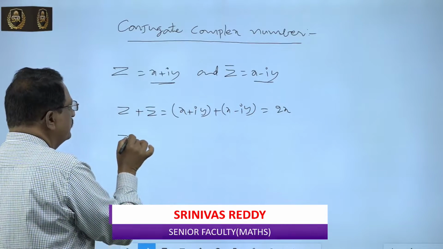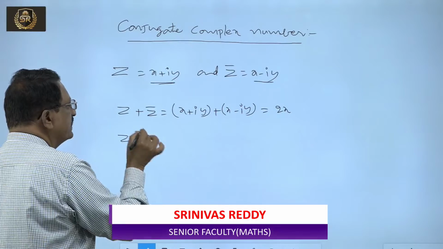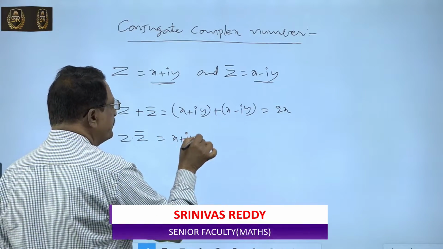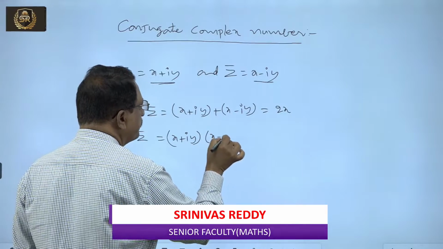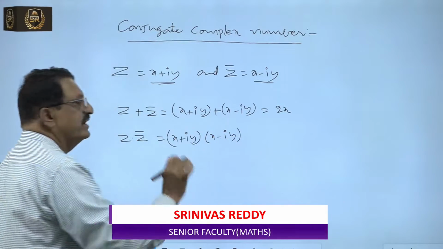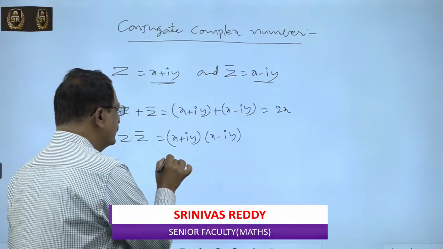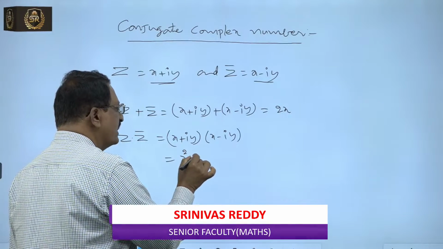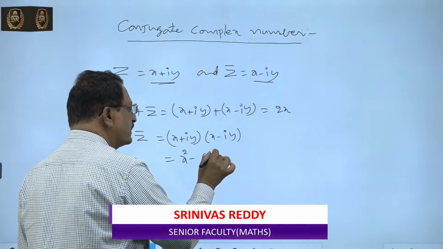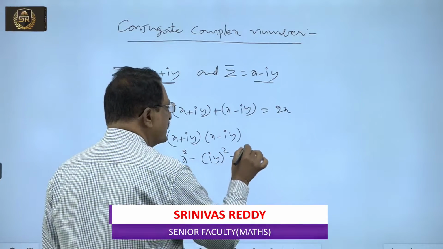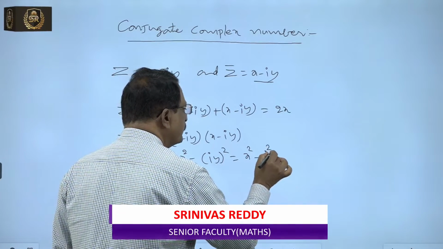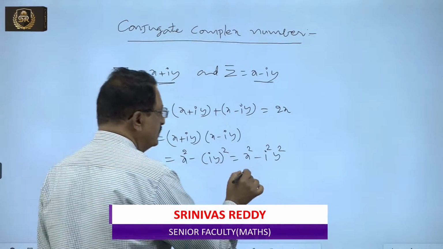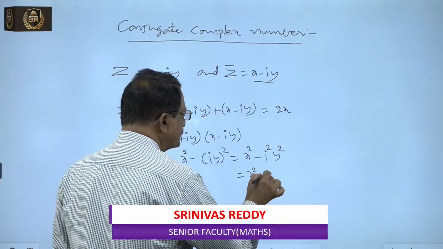Similarly z into z bar equals x plus iy into x minus iy, that equals a plus b into a minus b form, x square minus iy whole square, that equals x square minus i square y square. But the value of i square equals minus 1, then we get x square plus y square.